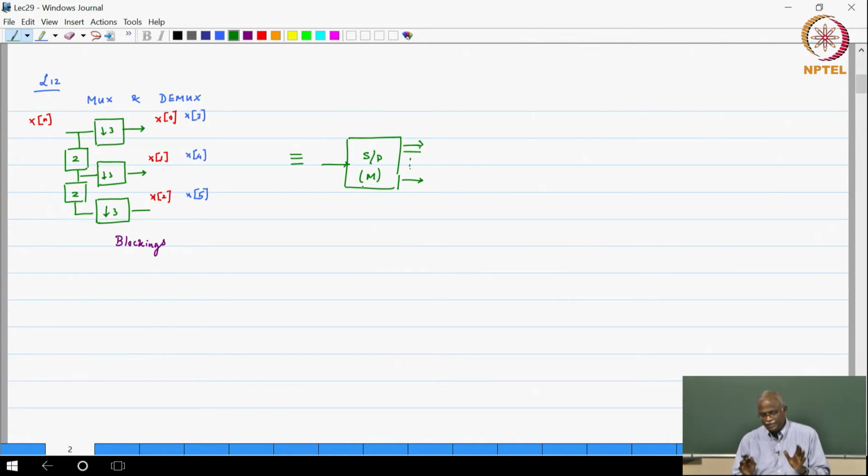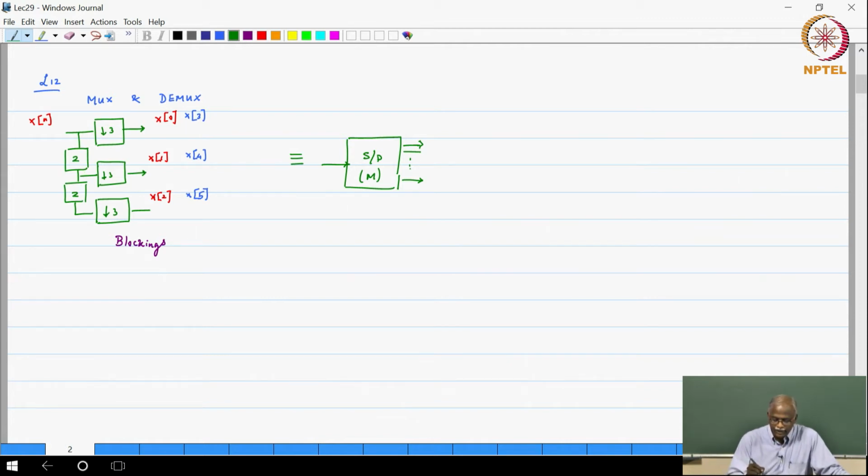So, if you see serial to parallel with m, it is the one with the delays. Of course, you can have a demultiplexer which works with delays, then the outputs are slightly shuffled, and again it is interesting to see what comes out if you replace the advance operators with a delay operator.